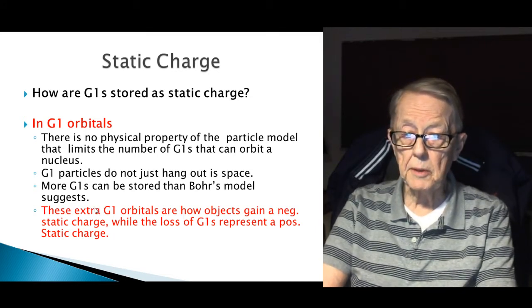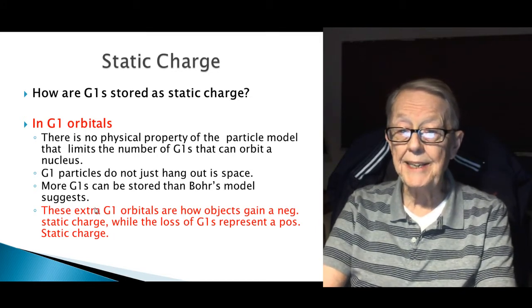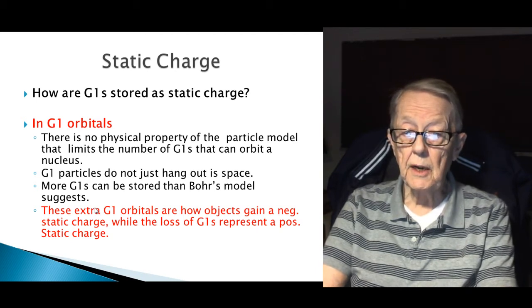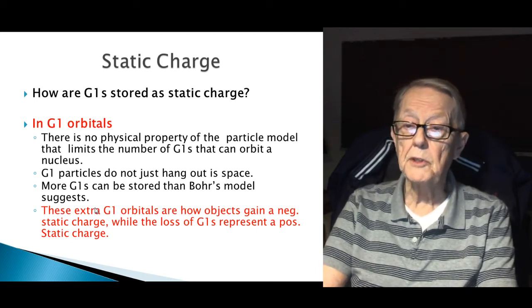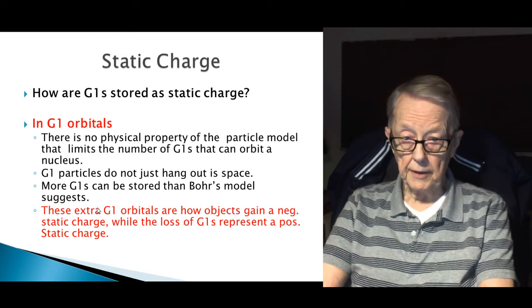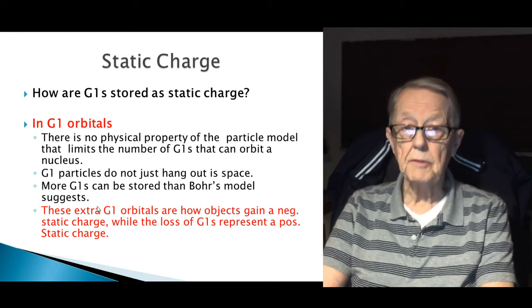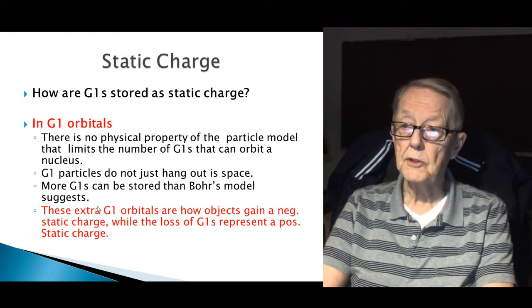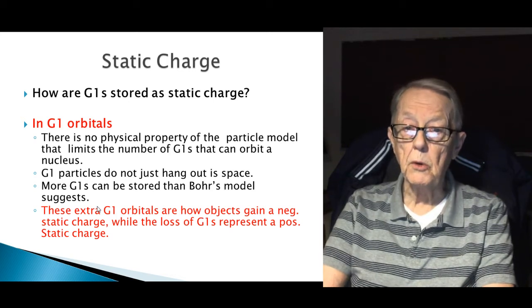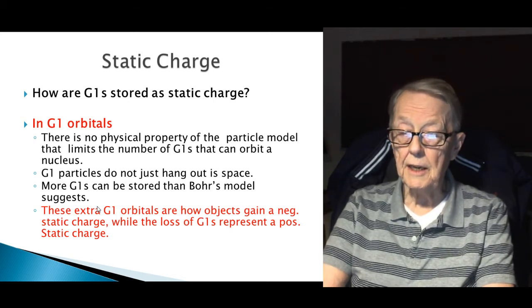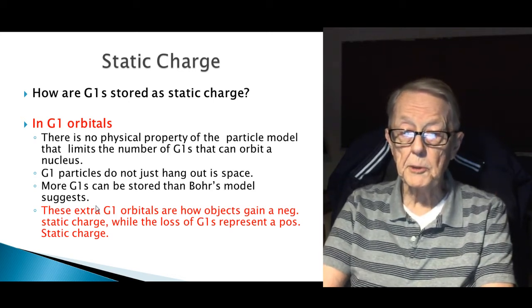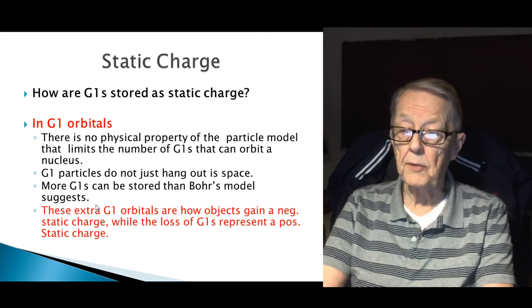These extra orbitals are how objects gain negative static charge, while the loss of G1 represents a positive static charge. They're stored in orbitals, moving at about the speed of c as they orbit around the atom.